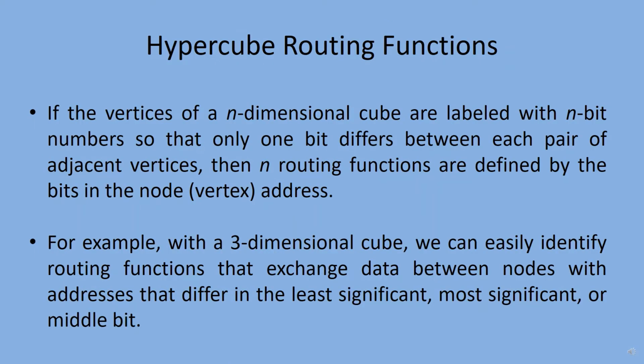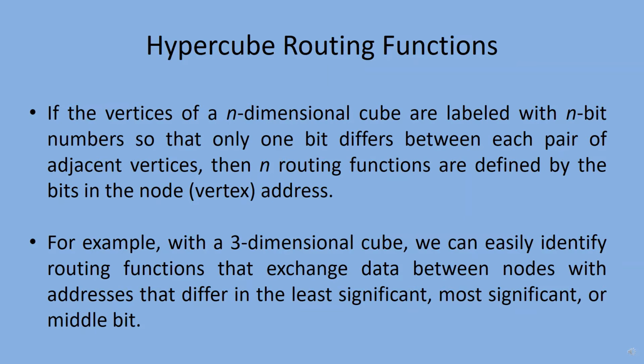Hypercube routing functions. If the vertices of an n-dimensional cube are labeled with n-bit numbers so that only one bit differs between each pair of adjacent vertices, then n routing functions are defined by the bits in the node address.